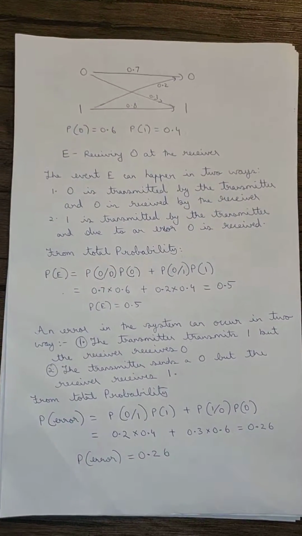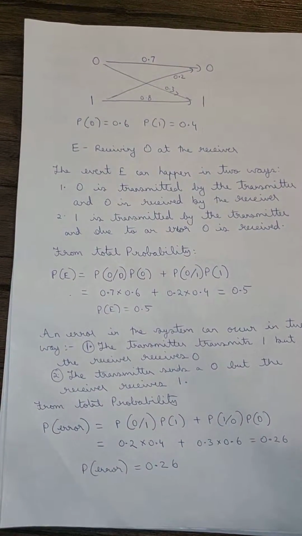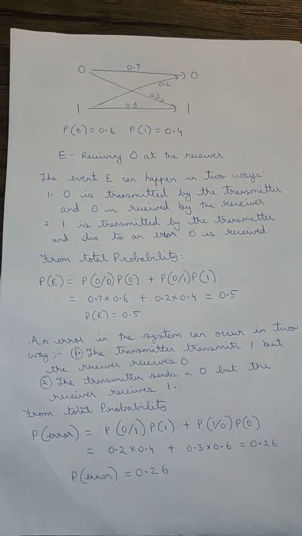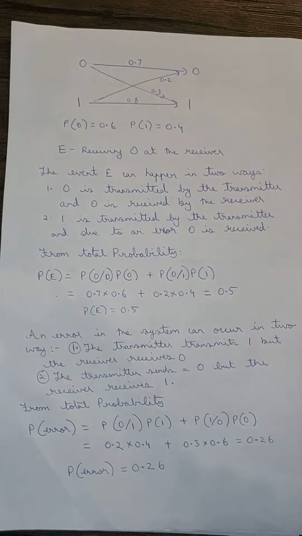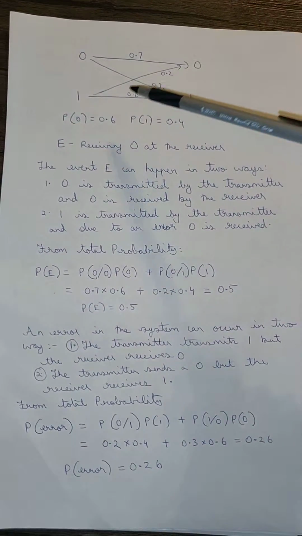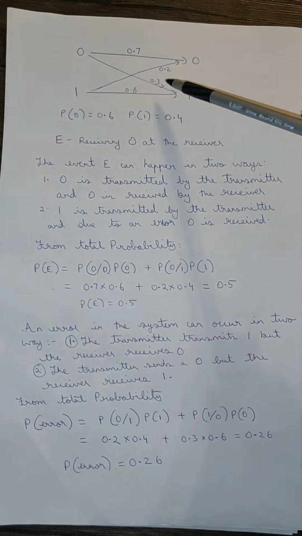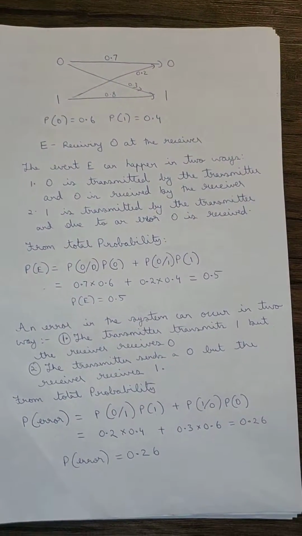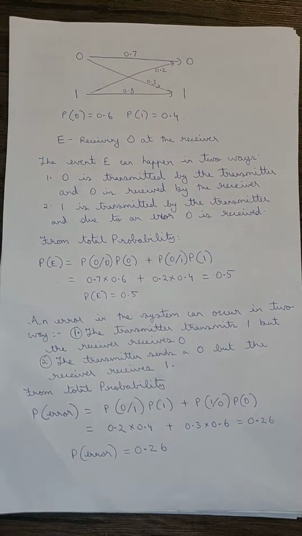So probability of 0 given 1 will be 0.3, it's in the question, and probability of 1 given 0 is 0.2. So plugging in the values, we get the probability of error to be 0.26.